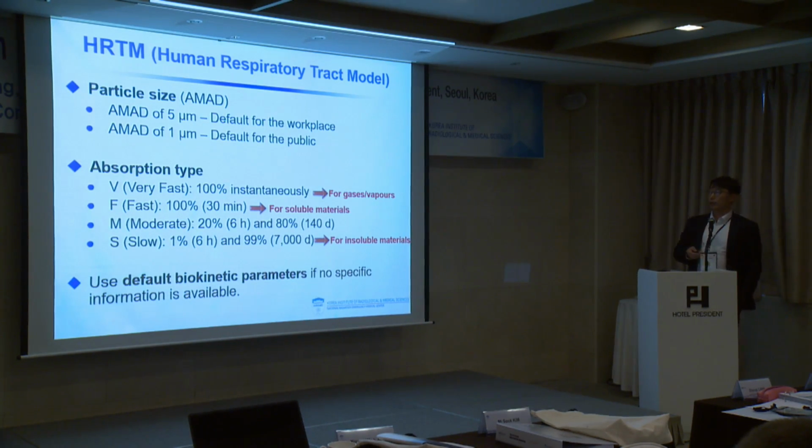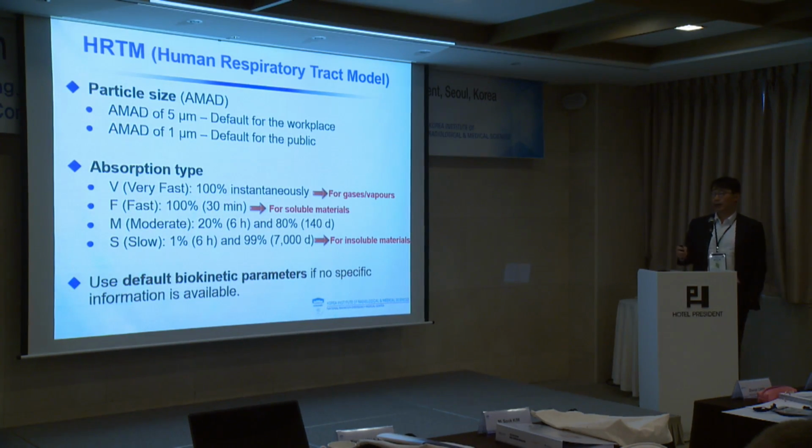As a default value for radiation workers, they applied the AMAD of 5 micrometer, and for members of the public, they applied the AMAD of 1 micrometer. So you have to choose the proper AMAD value as the particle size in case of the inhalation of the radionuclides.